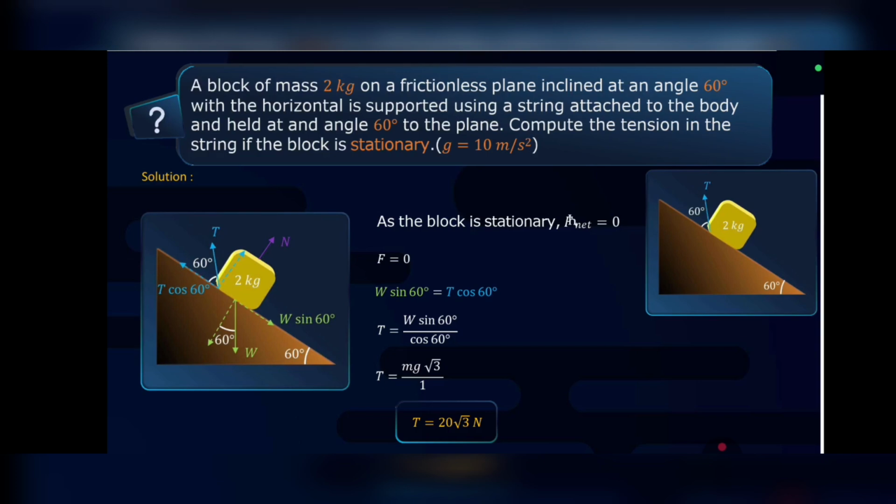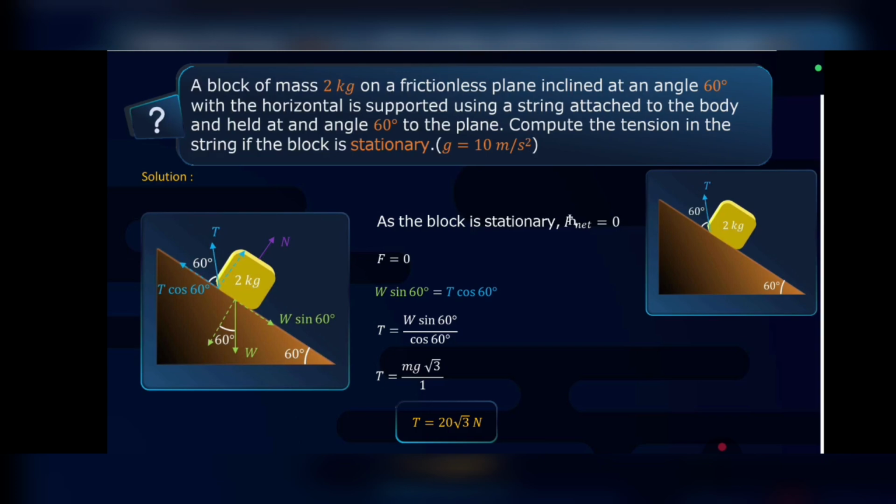So if we make components of mg, one component is mg cos theta, perpendicular to the inclined plane, and mg sin theta, which is down the inclined plane, and the force of friction acts opposite to mg sin theta.